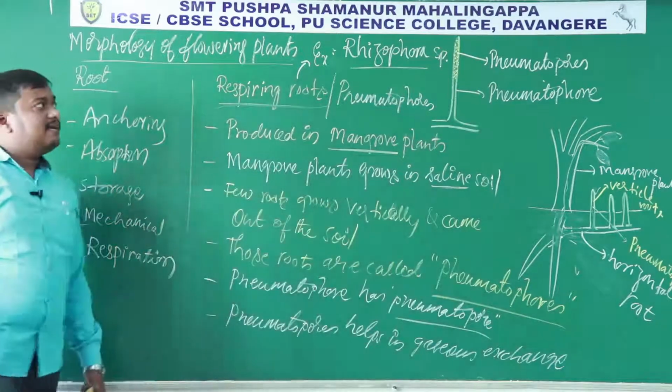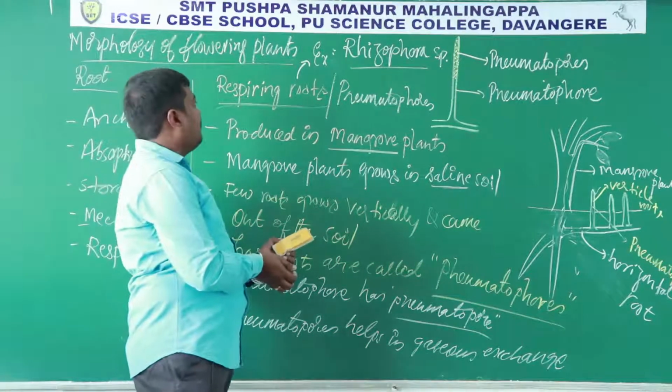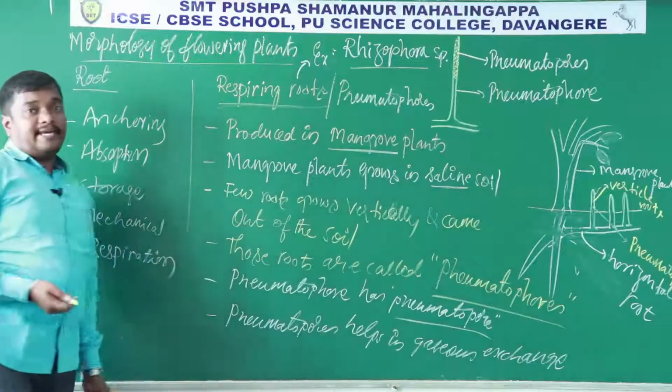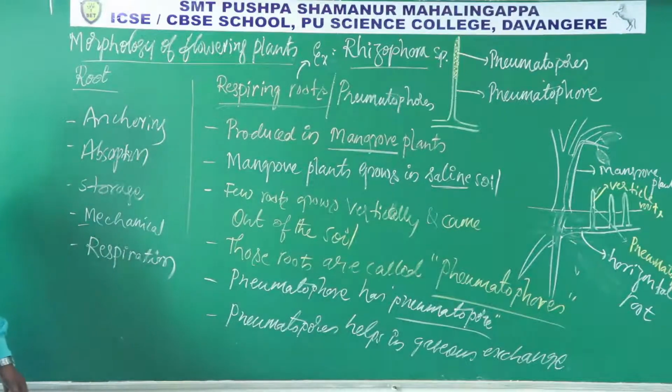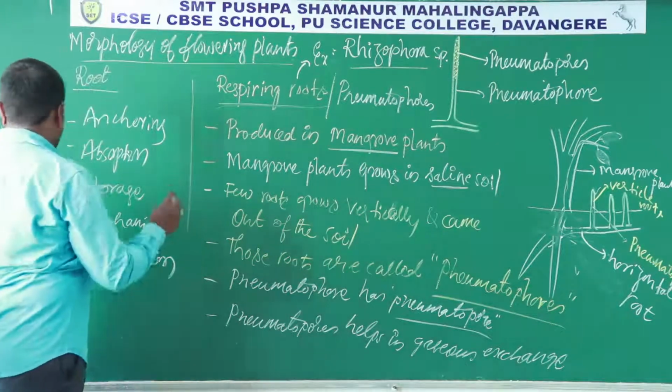So remember the name: Rhizophora species are an example of plants having respiring roots. Okay, so this is about one more function of a root called respiration.